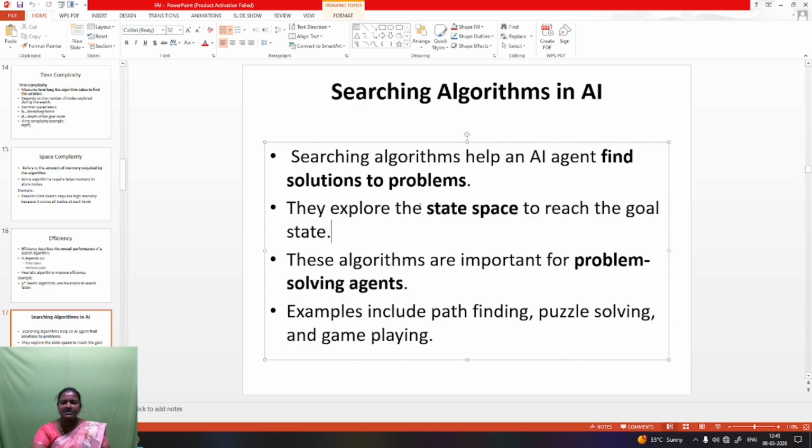If the current node is the goal node, then the algorithm is terminated and returns the goal node. Otherwise, the search will continue until the goal node is found. These algorithms are important for problem solving agents. Examples include path finding, puzzle solving and game playing.